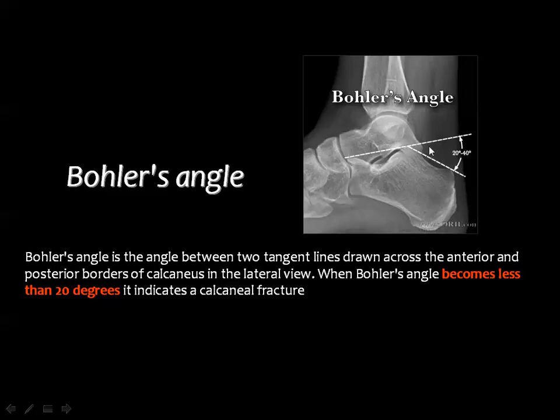Then you measure the angle between both, and this angle is from 20 to 40 degrees. If the calcaneus is fractured, then you get narrowing of this angle because of the flattening of the calcaneus.